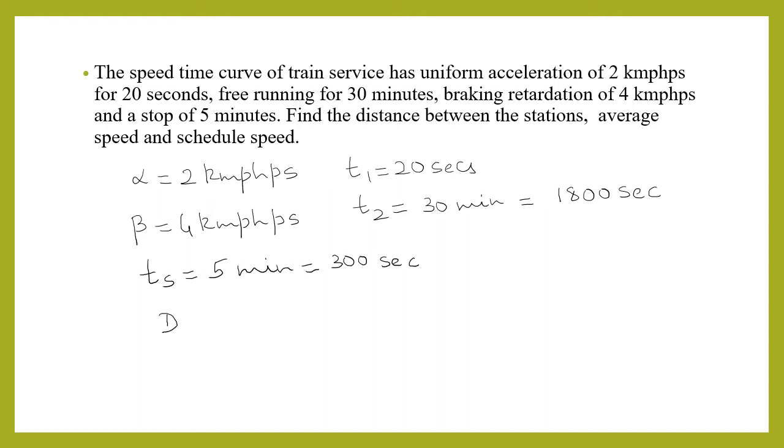The distance between the stations D, average speed VA, and schedule speed Vs are to be found.